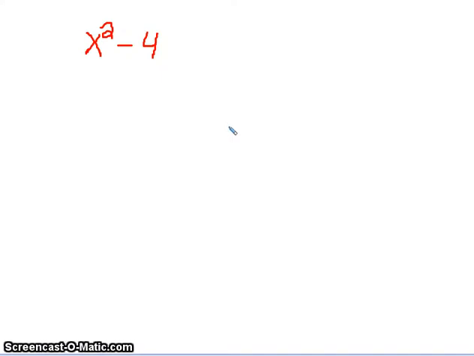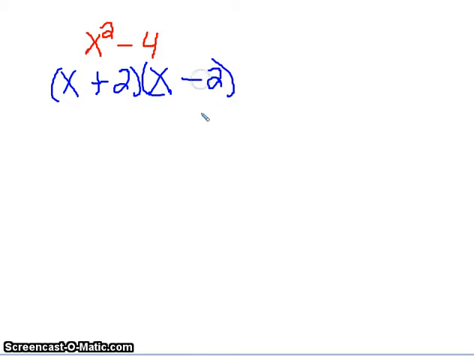X squared is a perfect square. 4 is a perfect square. It's minus in the middle. So I factor that into x, 2, plus, minus. X plus 2, x minus 2. That's how easy it is.